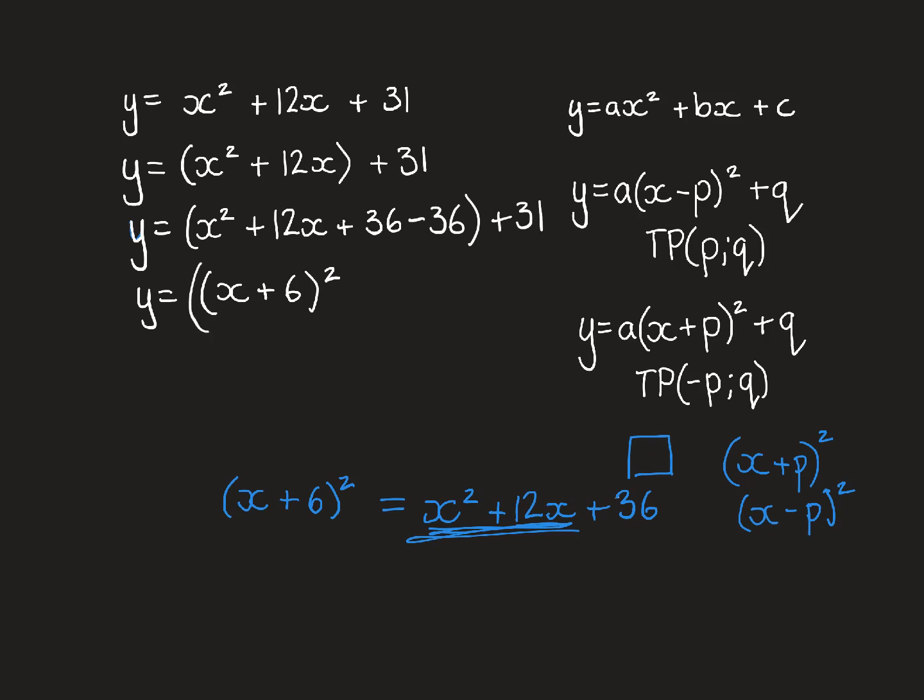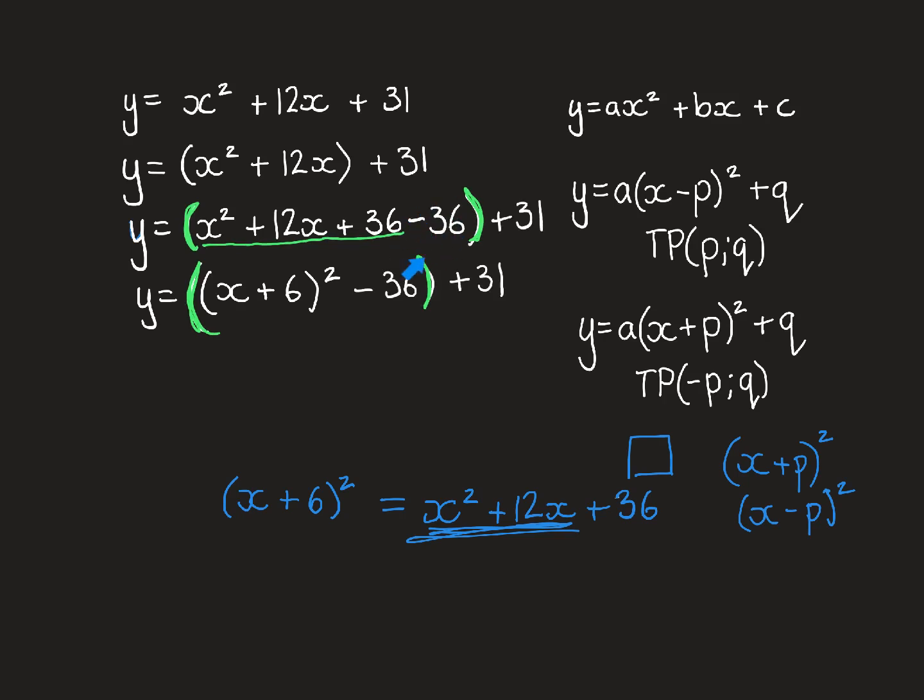Okay, so at this point, in those brackets, and let's just make the brackets a different color, let's make them green. Okay, in those brackets over there, I've been able to complete the square using x squared plus 12x plus 36.